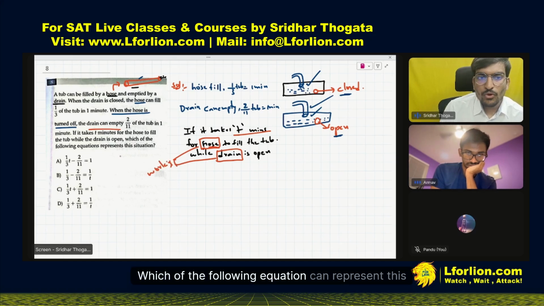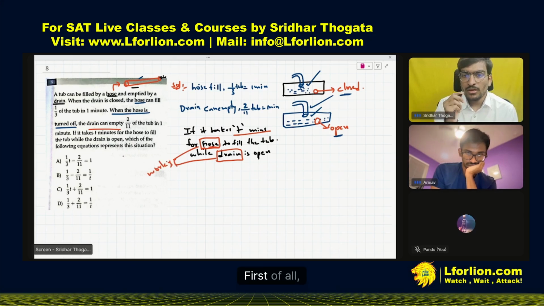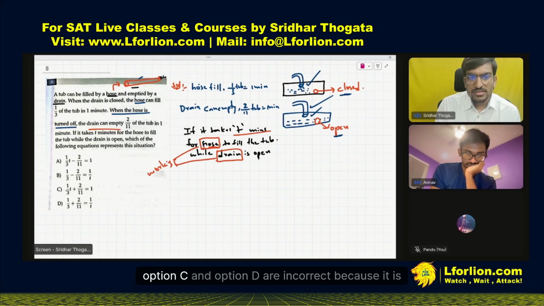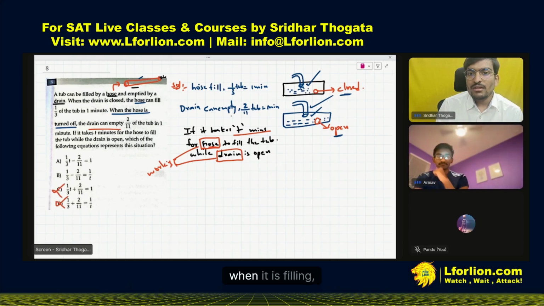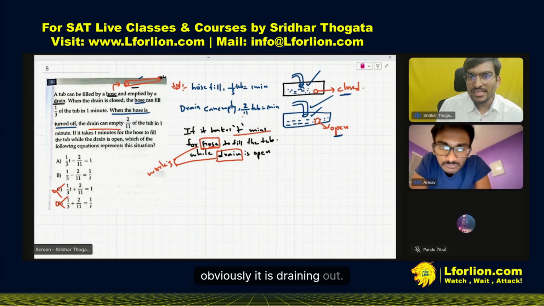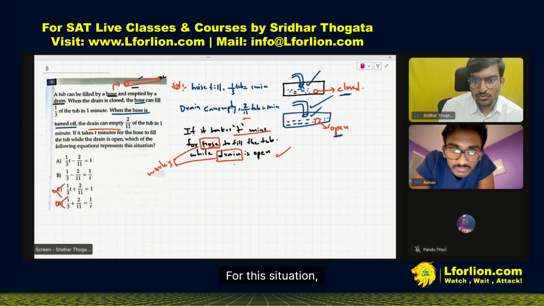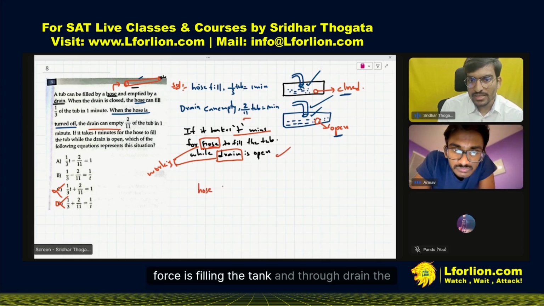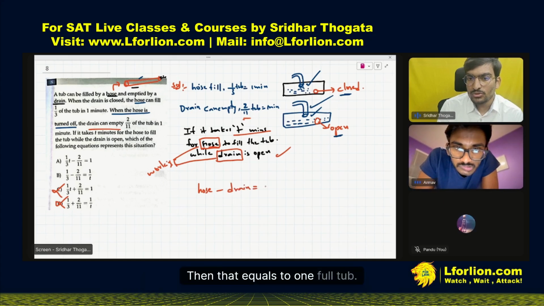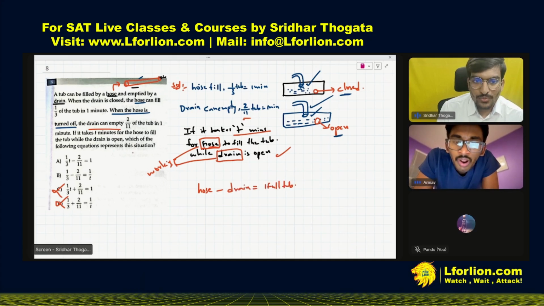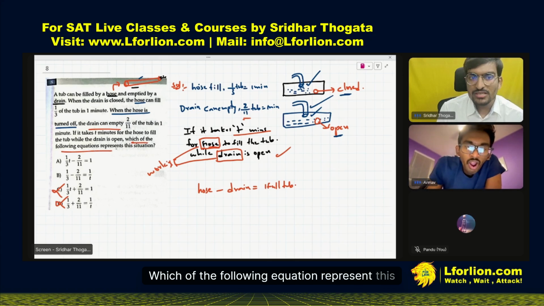First of all, options C and D are incorrect because while it is filling, obviously it is draining out. The hose is filling the tank and through the drain the water is getting out, then that equals one full tub.